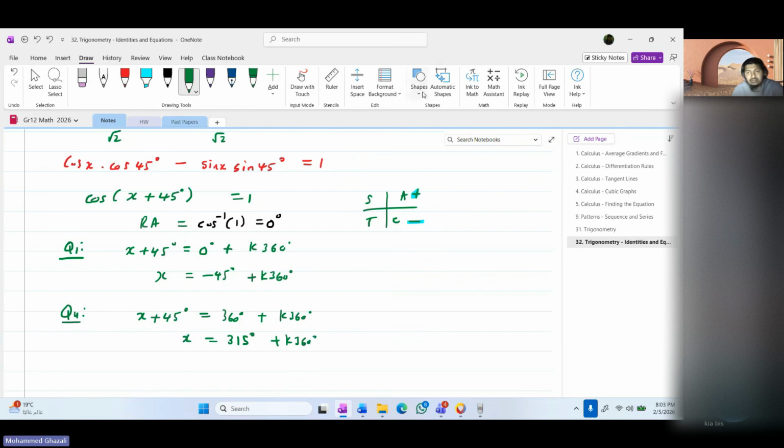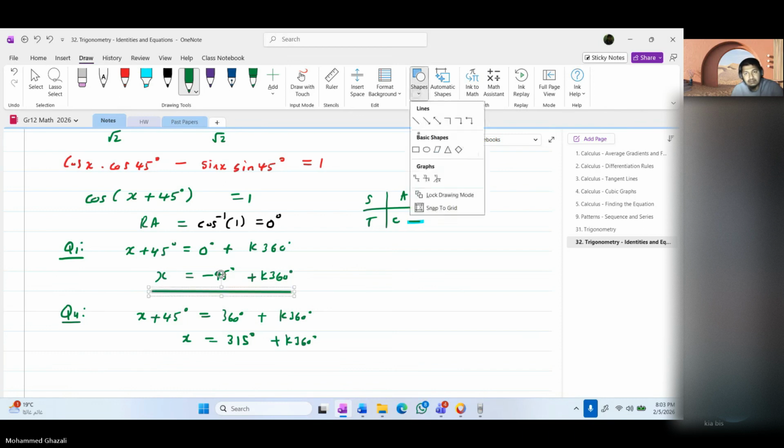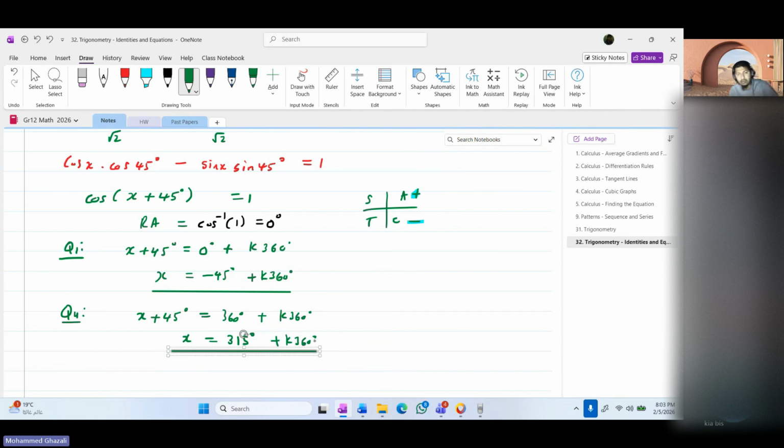That's what x is. So those are your two general solutions, okay? When you're doing trig graphs, then I'll show you how to combine these. For now, you can just write down this answer and that answer, we're good, because we are only using the CAST diagram.